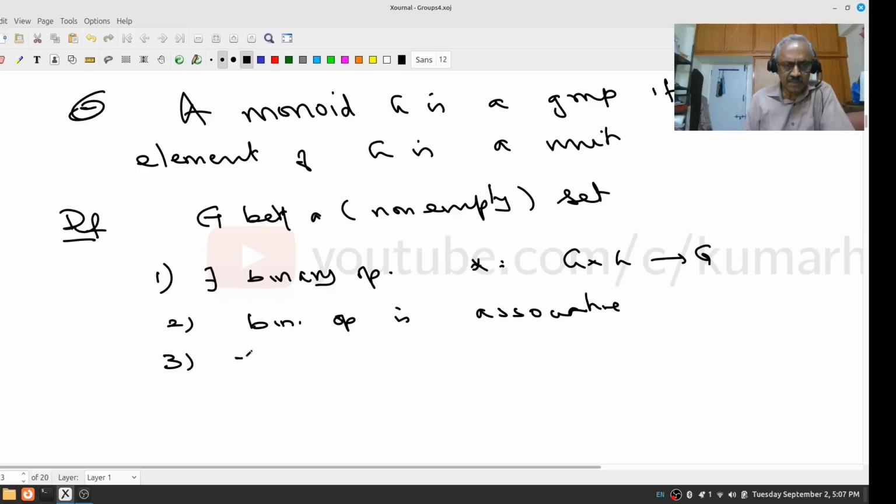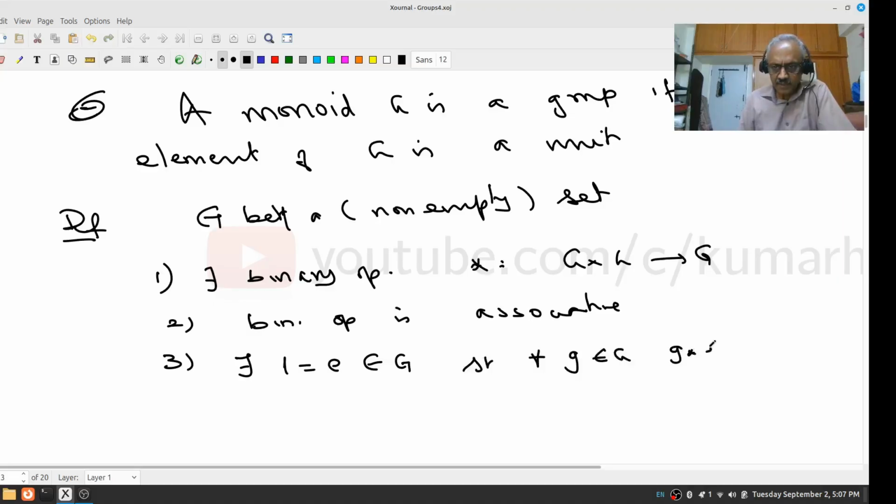Then there exists an element E in G. Therefore, I do not assume it is non-empty. There is an element in G so that for every g in G, g star E equals g equals E star g.